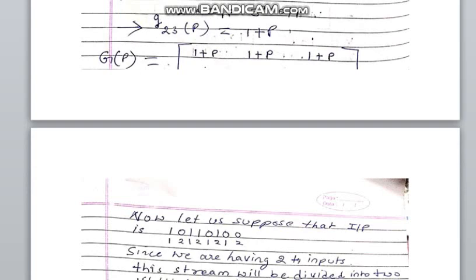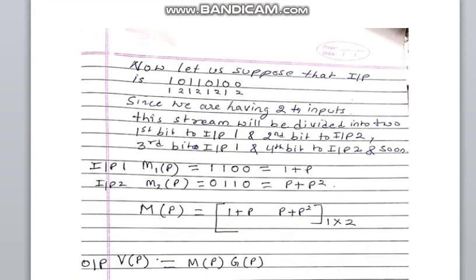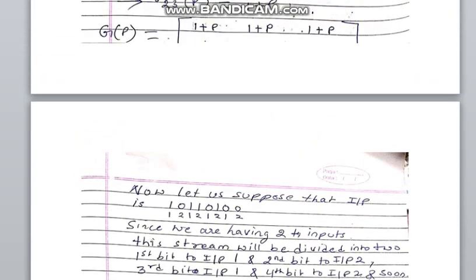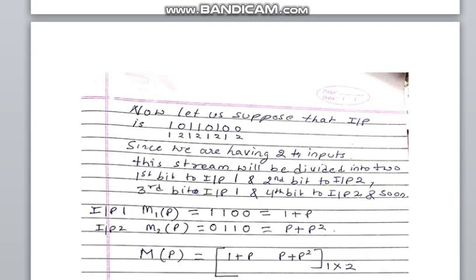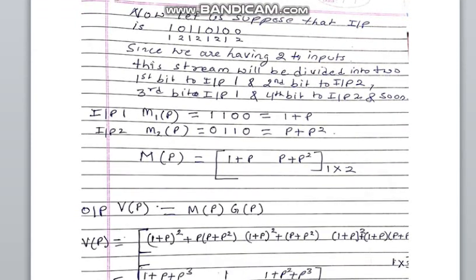And finally, G(P) will be of 2 rows and 3 columns. Now let us suppose we have the input bit stream 101101000.